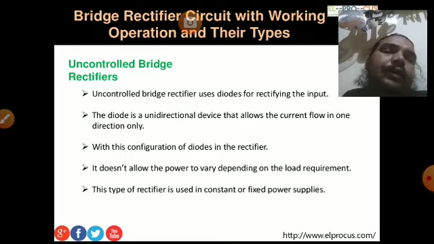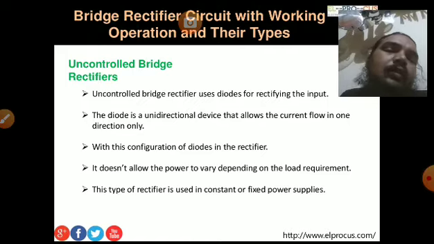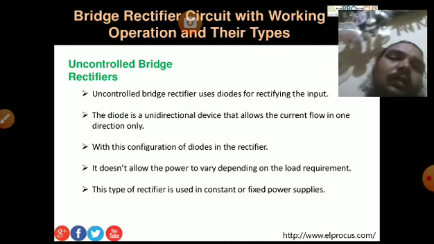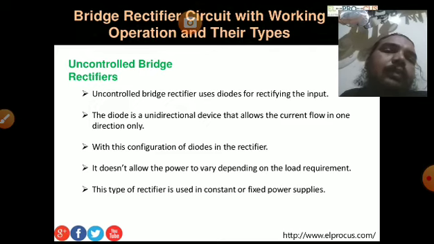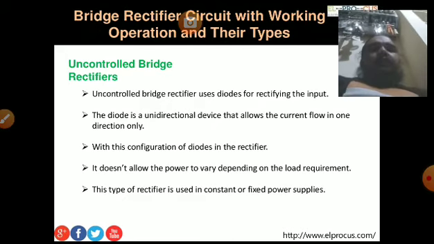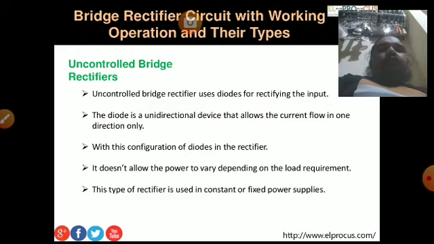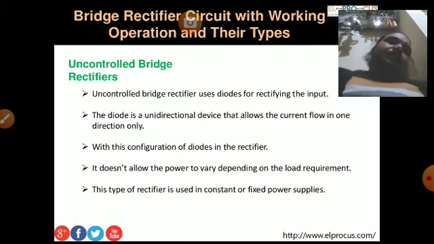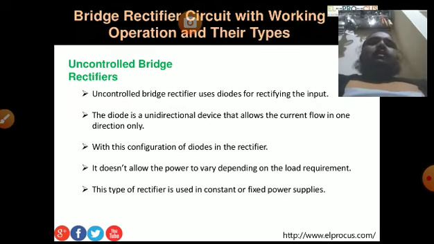With the configuration of the diode in this rectification, forward bias or reverse bias, it doesn't allow the power to vary depending on the load requirement. This type of rectifier is used for constant fixed power supplies, as in uncontrolled bridge rectifiers.